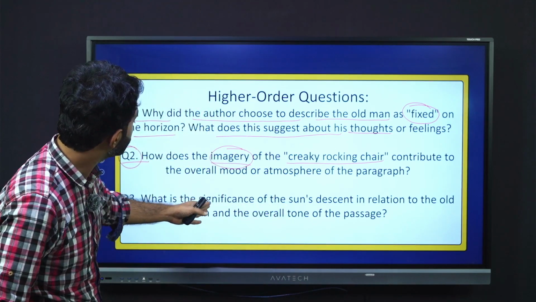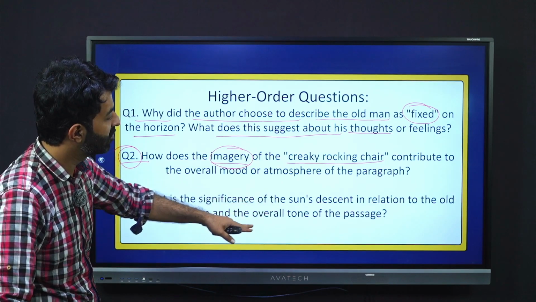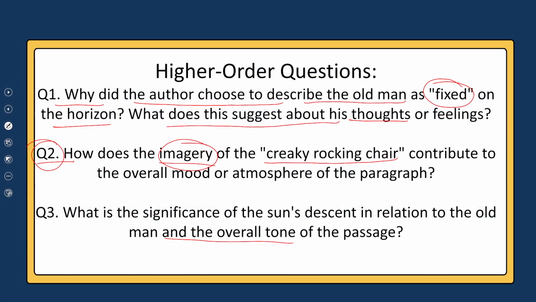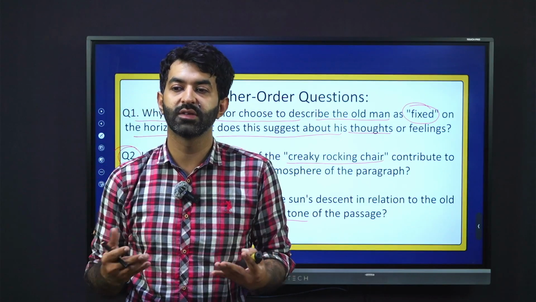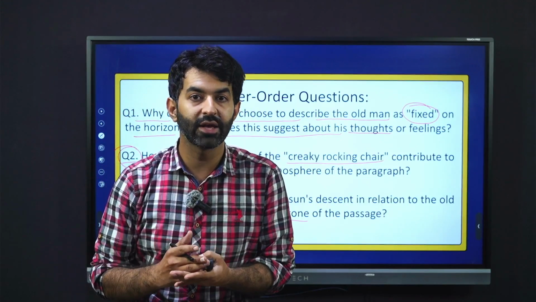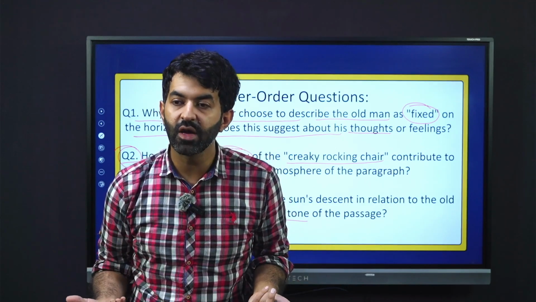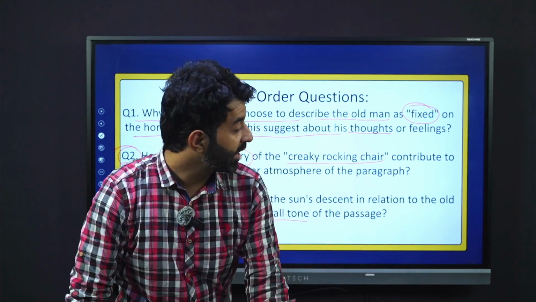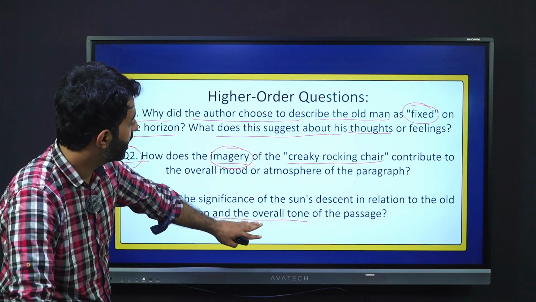Then what is the importance or significance of the sun's descent in relation to the old man and the overall tone of the passage? So what is the tone? Tone is the effect it leaves on you. Is it a happy tone? What is the mood? Is it happy, sad, positive, hopeful or hopeless? So again, this is an example of a higher order thinking question.